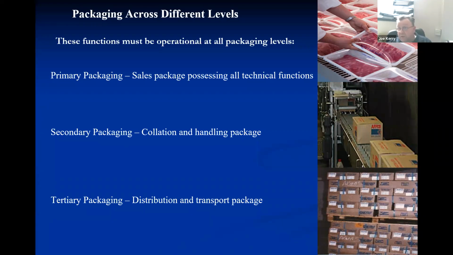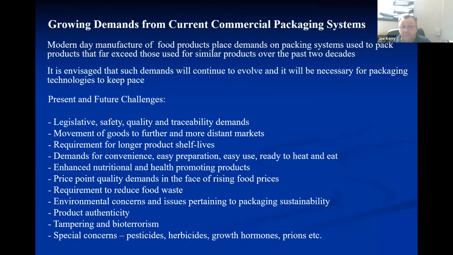So the fundamental rules that we just went through in the previous slide have to work at all 3 of these levels. And we're talking about using completely different packaging formats and different packaging materials here.